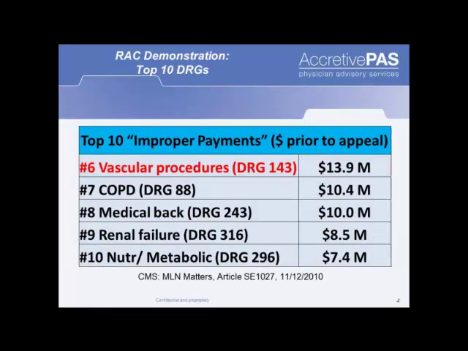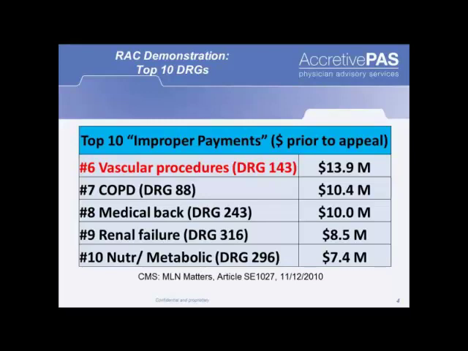Looking at the next 5, number 6 was vascular procedures. So these were procedures that were done on an inpatient basis, and the RAC in the demonstration project was saying that the documentation didn't support the need for an inpatient stay for these procedures, which are technically outpatient procedures. Now I'm going to be talking a lot about the distinction between the two and how you can tell which is what.